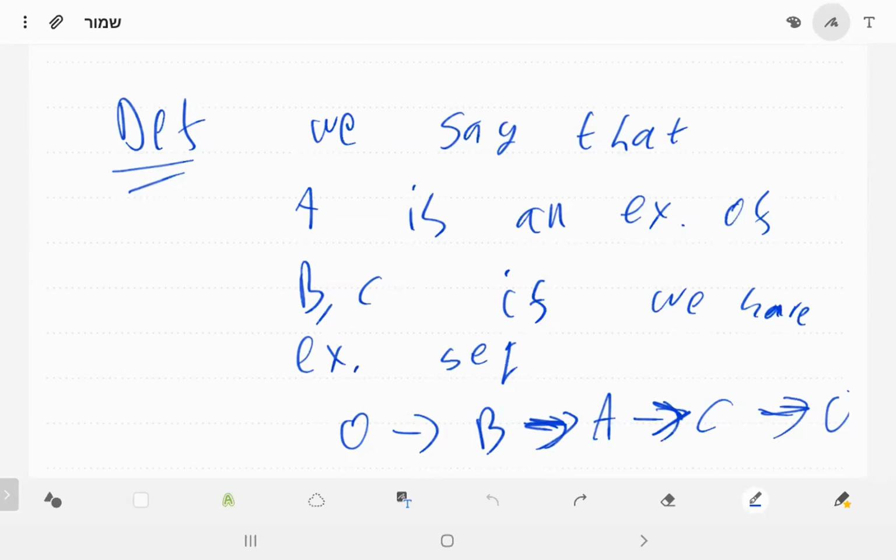Since the image of the first map is equal to the kernel of the second map, it basically means that B is a sub-object in A, and C is a quotient of A, exactly by B. So this is called an extension. A can be glued, somehow built up from B and C. Of course, it doesn't mean that it is the direct sum or direct product of B and C, but they are extending each other. You probably saw examples of such in abelian groups and vector spaces, of course. So these are called extensions.